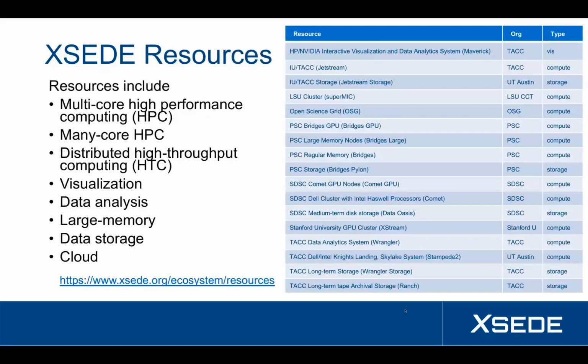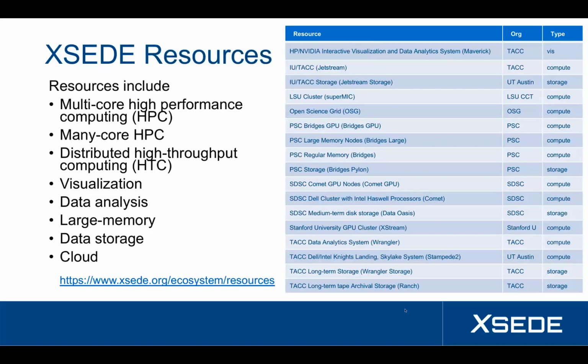So within XSEDE, there are a wide variety of resources available, and you'll see that there are clusters, there are some cloud resources, there are resources that focus on storage, resources that focus on visualization, and we're trying to cover as many of these as we can.